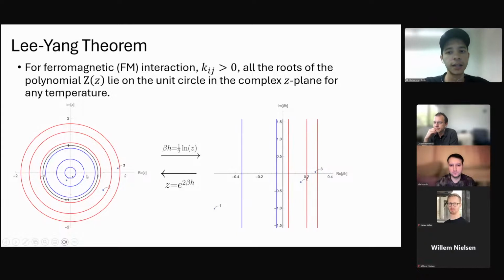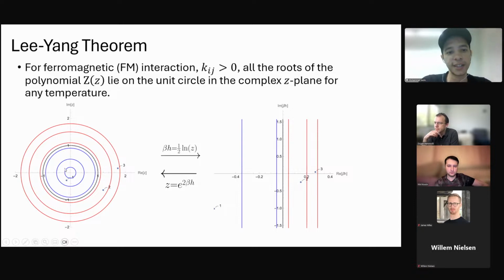Their argument, this is the infamous theorem, says that if you have ferromagnetic interaction in any dimension, the interaction could be of any range, long range included, and the geometry of the lattice could be anything. It doesn't matter. As long as all the interactions are ferromagnetic, the roots are going to lie on the unit circle.